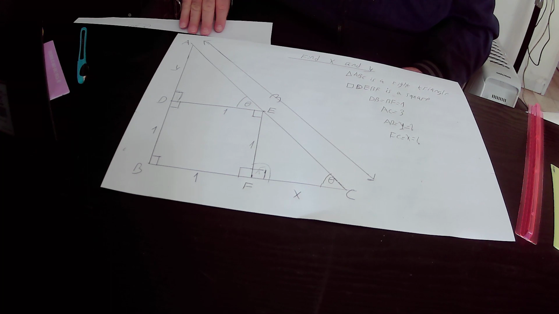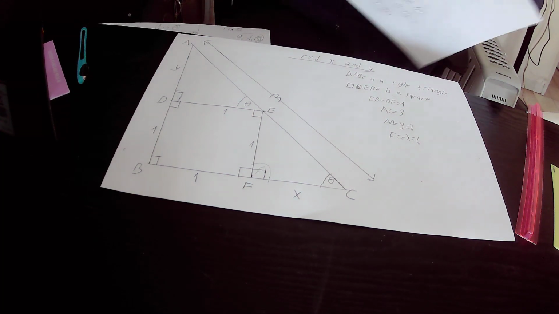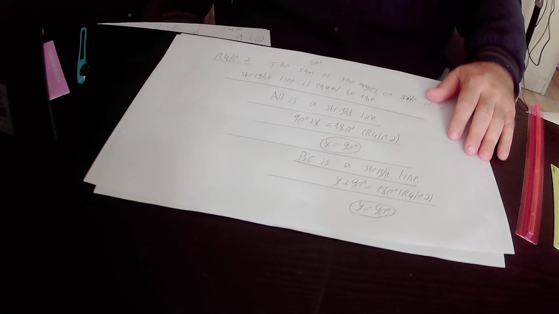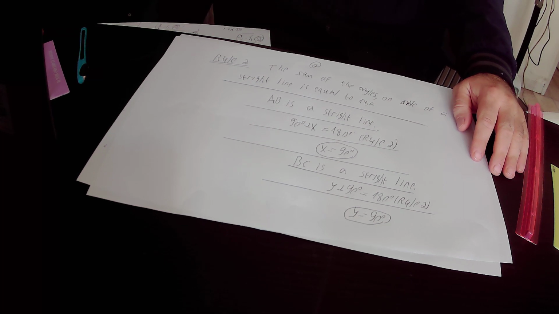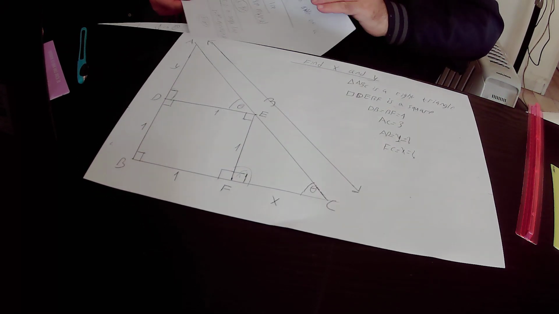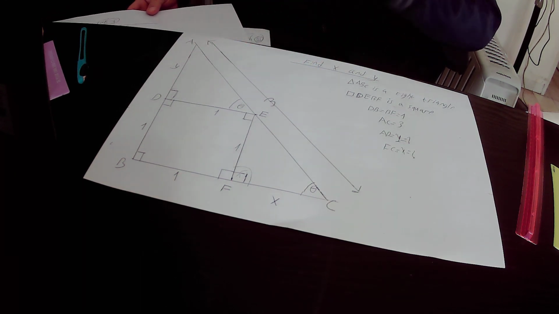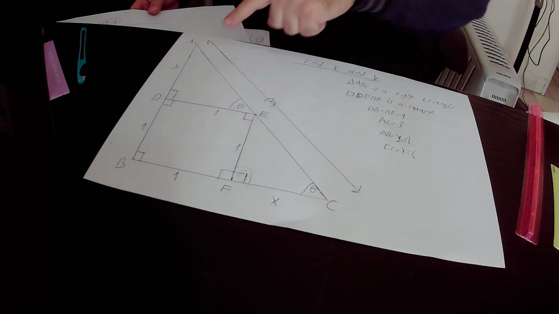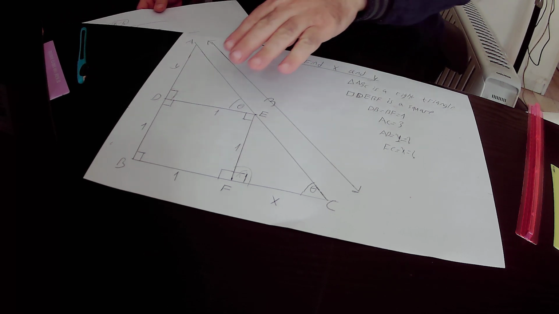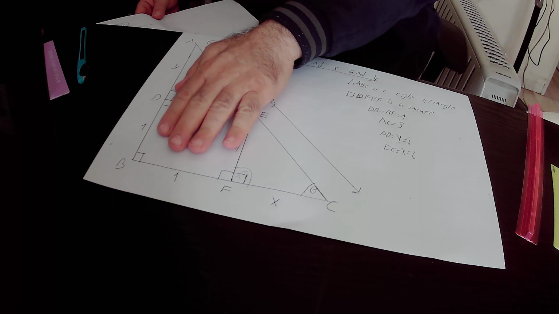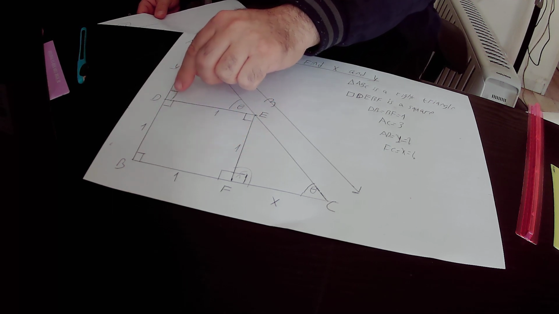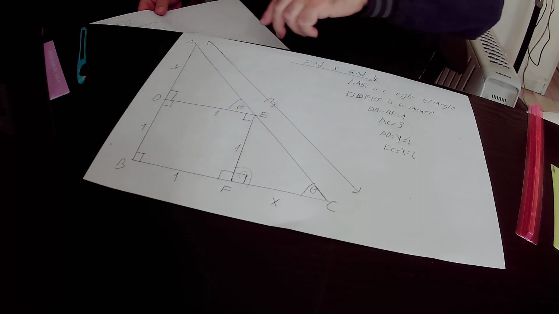Then I presented to you rule number 2. According to rule number 2, the sum of the angles on one side of a straight line is equal to 180 degrees. Here AB is one side of the right triangle ABC, therefore it is a straight line. If we focus on this side of the straight line AB at point D, then the sum of the angles must be equal to 180 degrees.